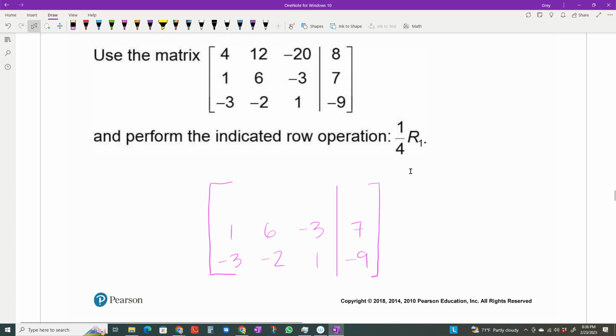There is no division with multiplication, so they write it as a fraction. So 1/4 times row 1 is the same thing as dividing everything by 4. So 4 divided by 4 is 1. 12 divided by 4 is 3. Negative 20 divided by 4 is negative 5. And 8 divided by 4 is 2. And that's all that is.